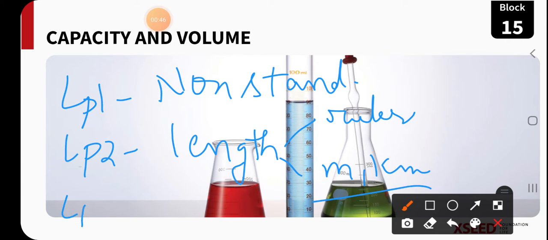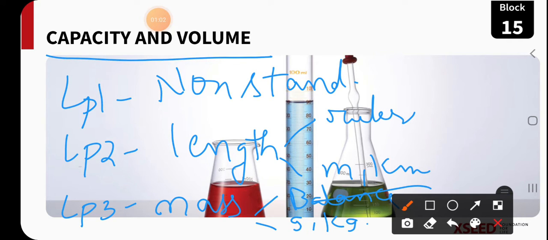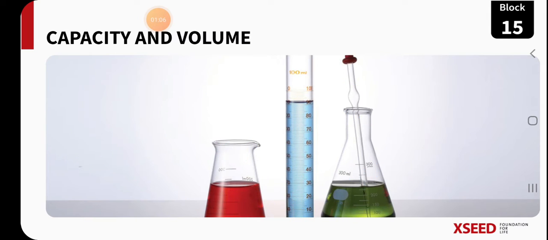So in LP3 we learned about how to measure the mass. To measure the mass we are using balance, and here the measuring units for the mass are your grams and kilograms. So in our LP4 we are going to learn about to measure the capacity and volume of the objects.